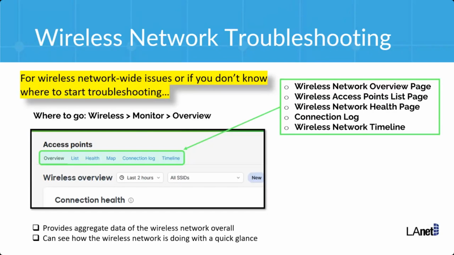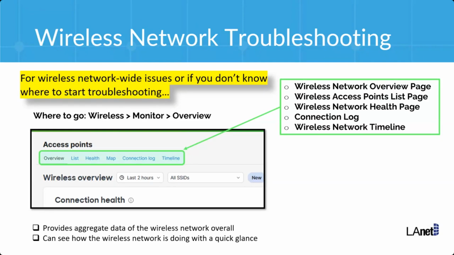Okay, so just an introduction before we get into it. If you are looking first of all to look into wireless network-wide issues, or if you don't know where to start and you want to get an overall picture of what the wireless network health looks like, this is where I would start off. It is under the wireless tab, under monitor, and then there's a tab called overview.